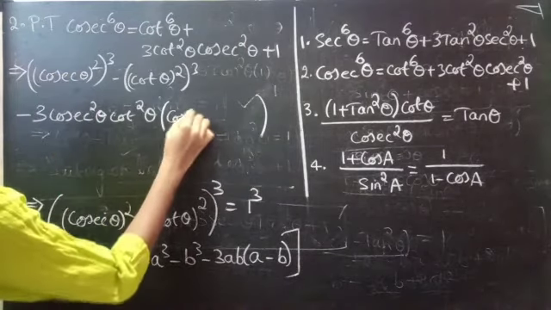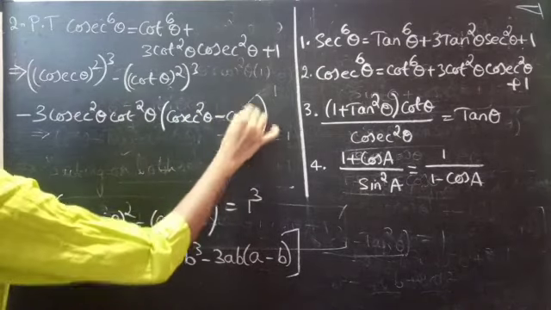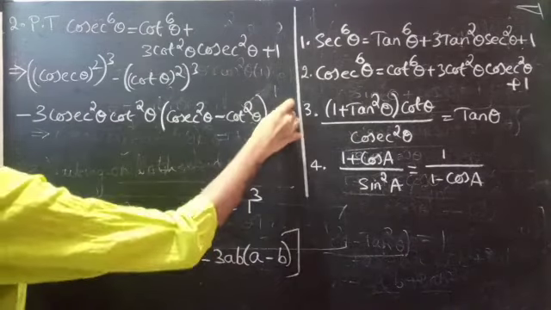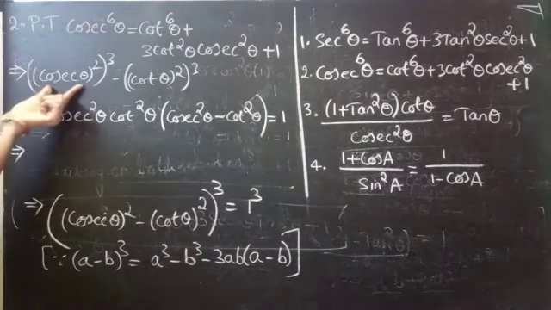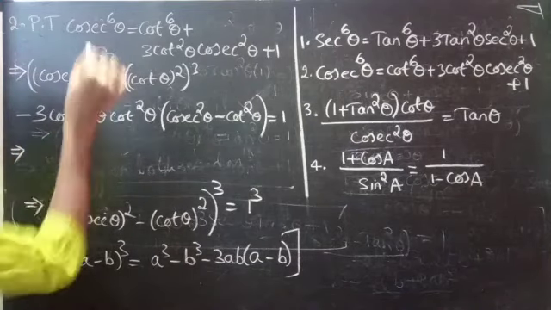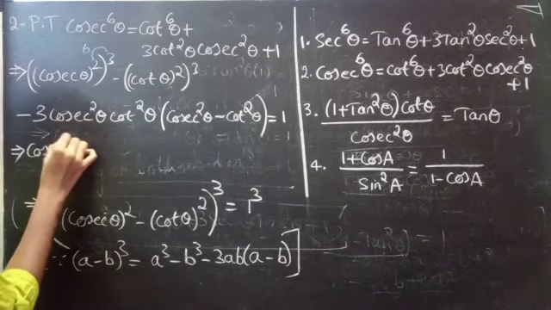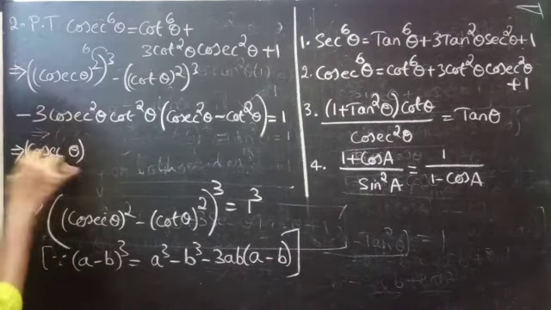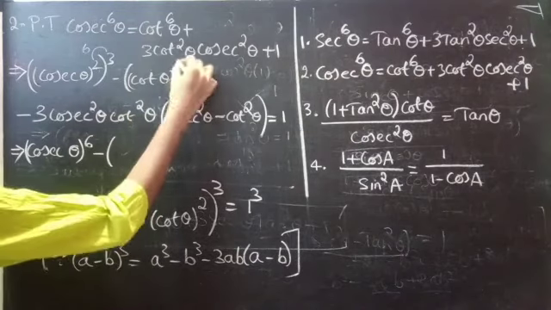A is cosecant square theta minus b is cot square theta, which is equals to 1 cube. 1 cube is 1. So this implies cosecant theta whole square whole cube. So 2 3s are 6, so you will get cosecant power 6 theta minus cot theta whole square whole cube.